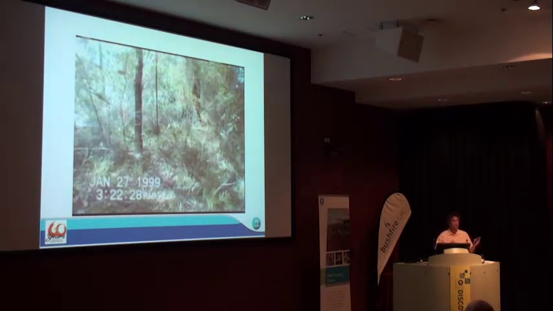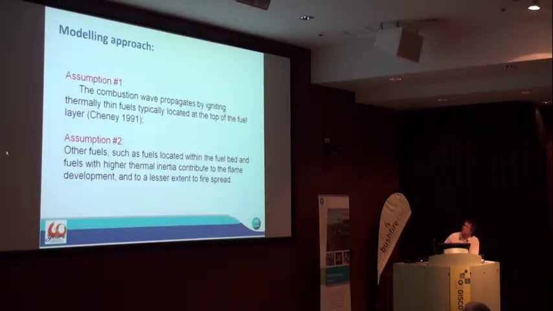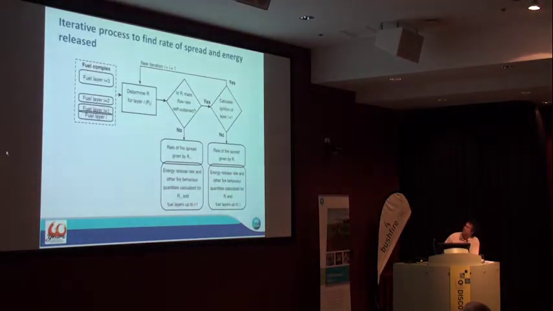This goes back to the balance between the fuels being consumed, the buoyancy in the flame, and the wind speed. There are two regimes here, let's say. So we need to capture these processes if we want to model the fire.